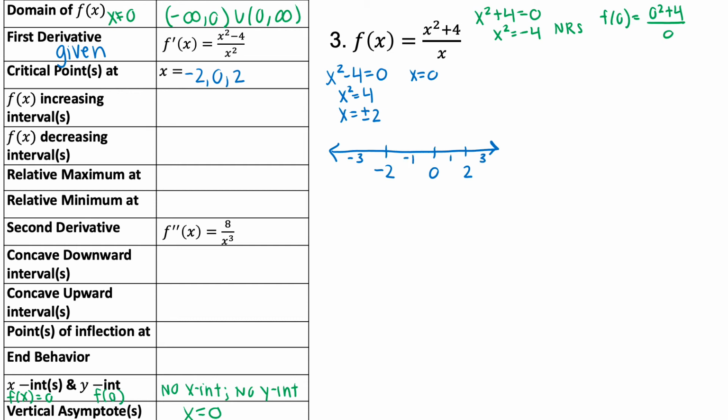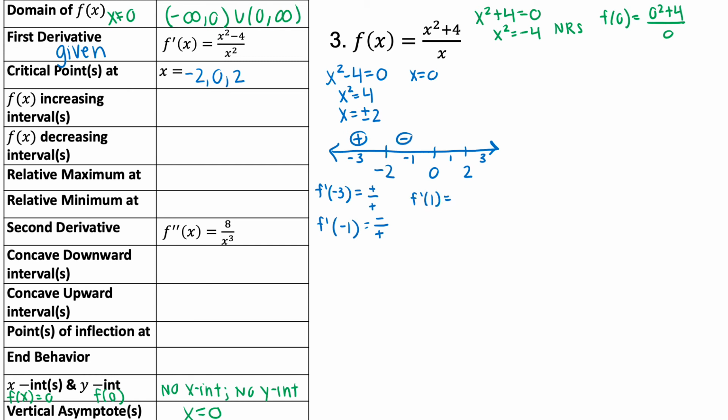Plugging into our first derivative, f prime of -3 gives us 9 minus 4 is a positive 5 over a positive gives us a positive. F prime of -1 gives us 1 minus 4 is a negative over something squared will always be positive, gives us a negative value.